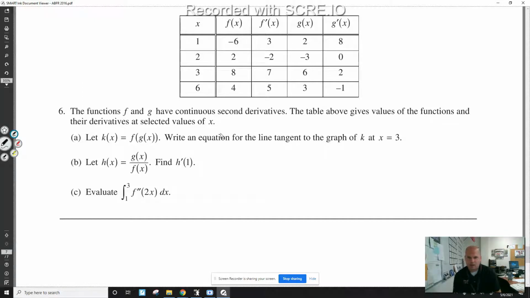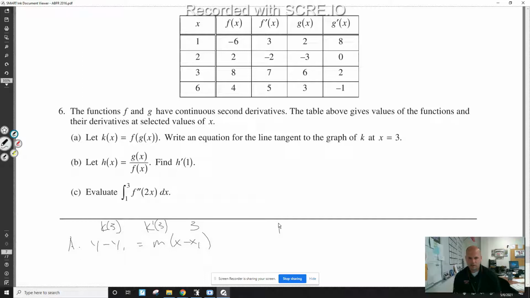Well, it says write an equation for the tangent line to the graph of K at x equals 3. Okay, all right. I guess for part A I need y minus y1 equals m times x minus x1. X is 3, so I need K of 3, and I need K prime of 3, right?